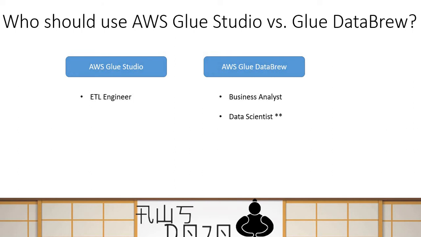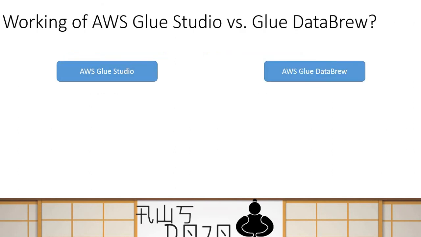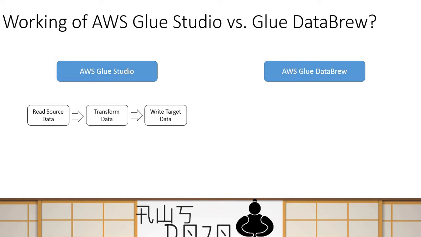So moving on, how does Glue Studio work versus how Glue DataBrew works? You will see a lot of commonalities, but there are differences as well, and the differences show up when you look at each of these in a little more detail. For instance, Glue Studio is a typical ETL process.